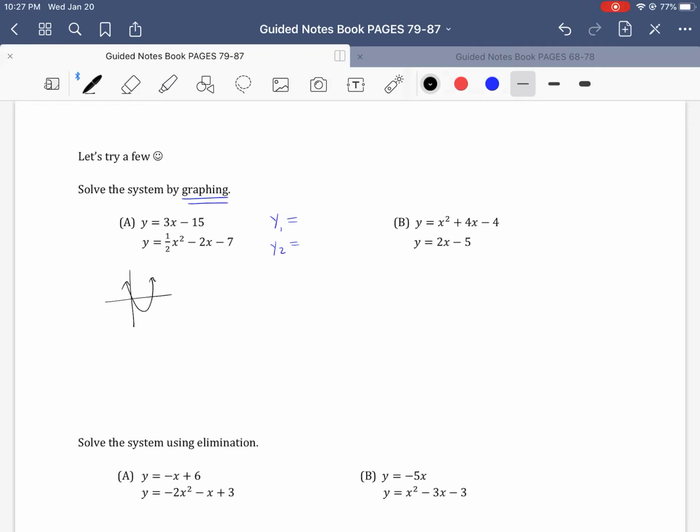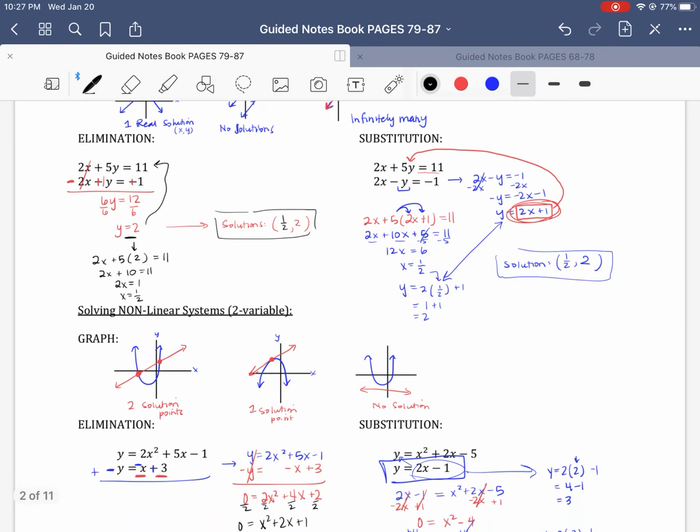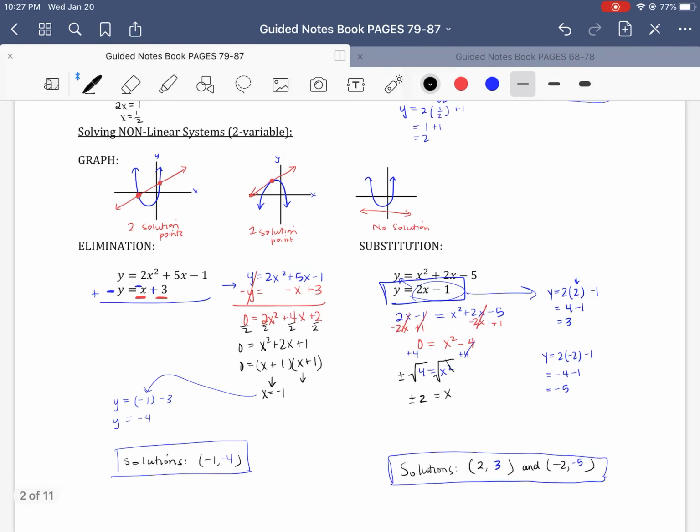There was a parabola coming through here and the line that came through here, and there's the two intersections, and then you would state the two solutions. So the two solutions that we found for this one, when we graphed them, were the points (2, -9) and (8, 9). And then again, you'll be asked to use elimination and substitution, so just be sure that your work is shown for applying each of those methods.